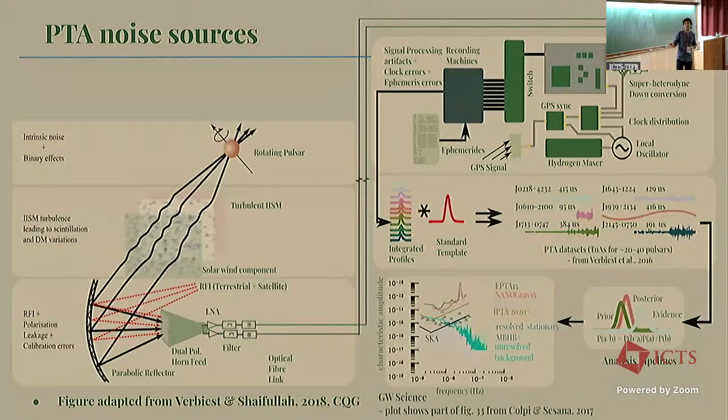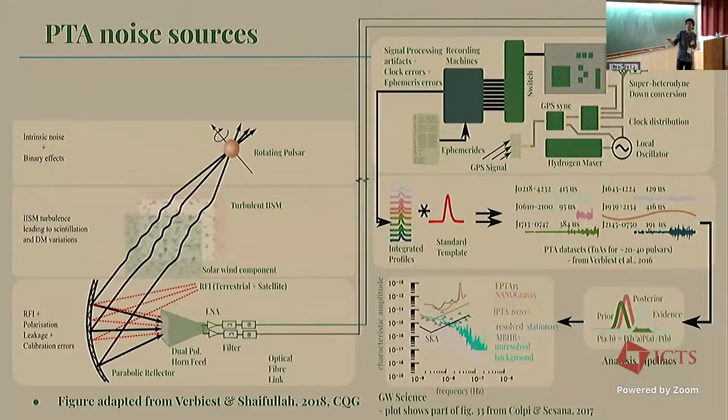You have systematics which could come in either at the observing system itself or in your recording system. And to get to PTA quality data, what we need to do is figure out what these noise sources are.